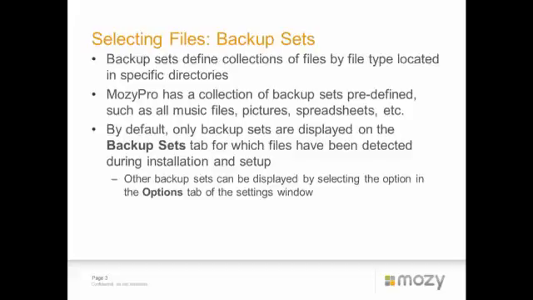They do things to back up everything from music files to pictures to Word documents to email client files like PST files for Outlook, to just Word documents, to tax documents, PDFs, and those kinds of things. And these are all things that we have created in the client software itself. When you install it, we detect which of those things you might have installed as well, and we include the backup set for you to select or to use.